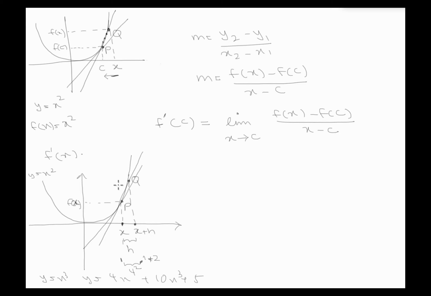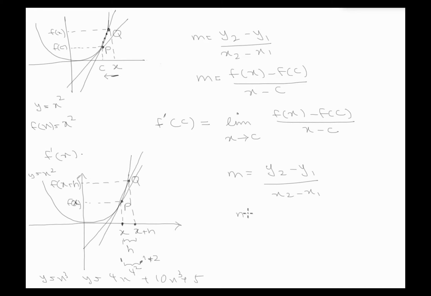Perfect. So if the x value is at x plus h, then that means that its y value is going to be f of x plus h. Now, doing exactly the same thing, you want to find the gradient of the secant, so you just say, okay, my formula is y2 minus y1 over x2 minus x1.